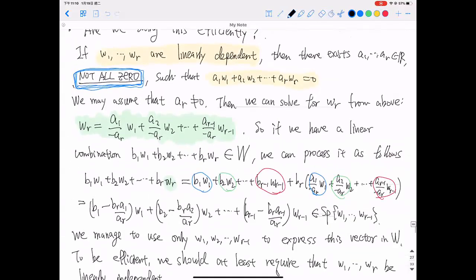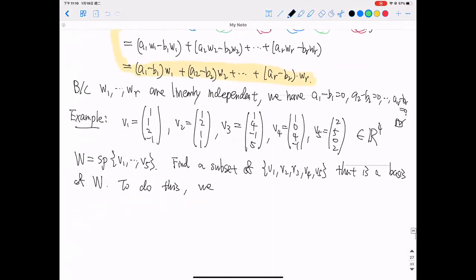In the discussion here, we've seen that if a spanning set is linearly dependent, then we have a non-trivial linear combination of the vectors equaling 0 that we can use to get rid of one vector from the list, because one of them will be a linear combination of the rest. So we only need the rest to span the vector space in question. So that's what we're going to do.